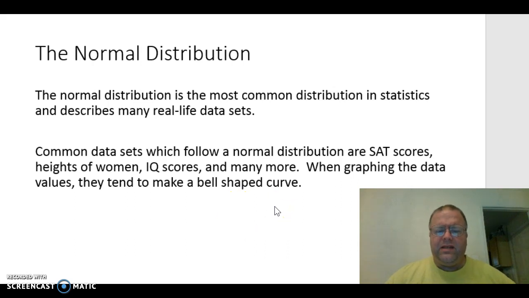The idea is that, let's say you have a test score and the average score was 75. In a normal distribution, that 75 would be the most common score amongst all the scores. So if we were to curve it, since it's the most common, it would be the highest on that curve.